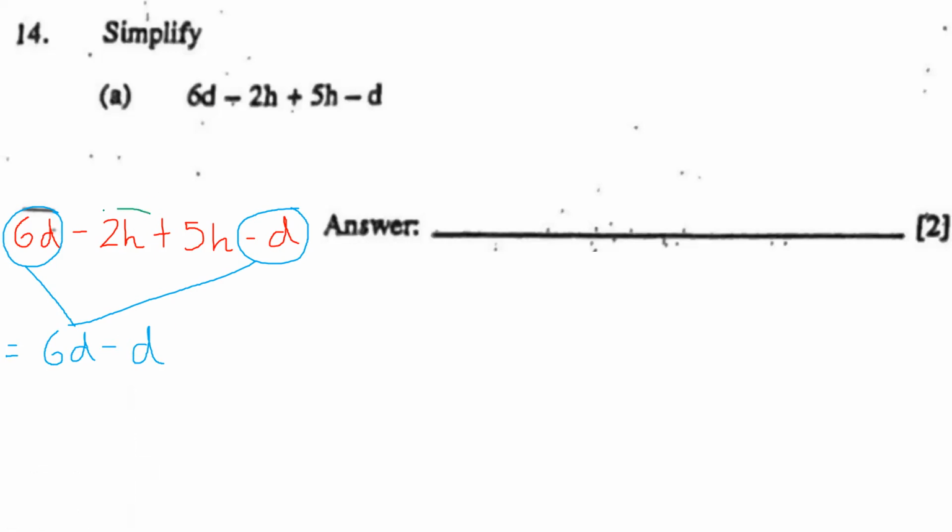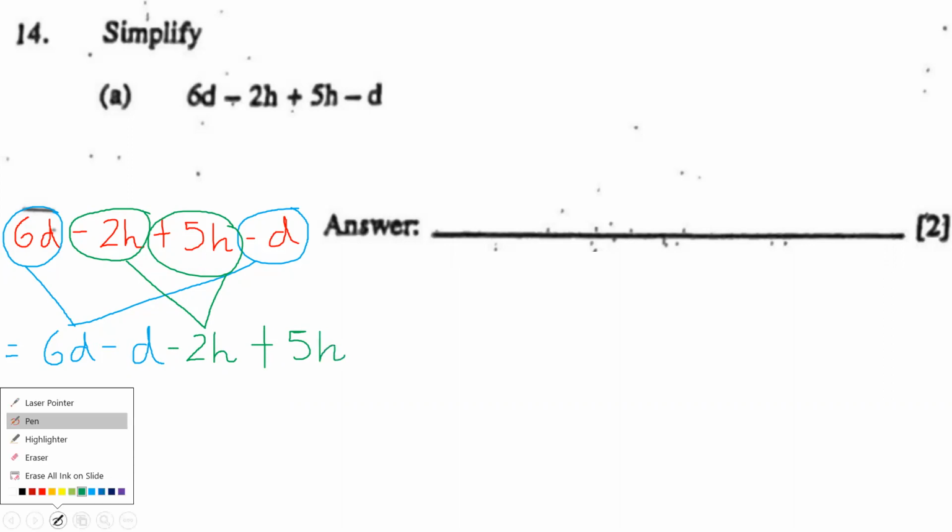So it's going to be the whole negative 2h, carry that over, and the whole plus 5h, bring it over here. So we have negative 2h plus 5h. Again, negative 2h plus 5h. Let's perform the operations between them.